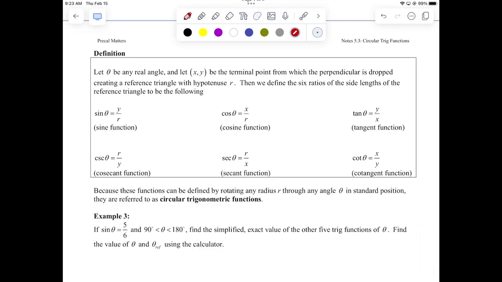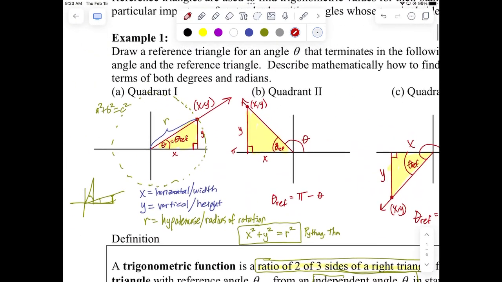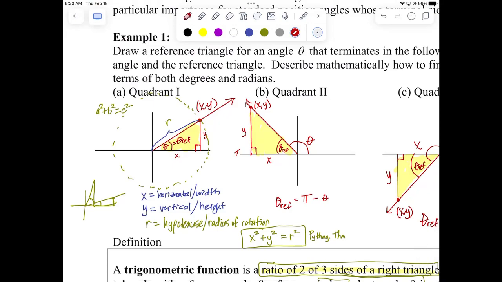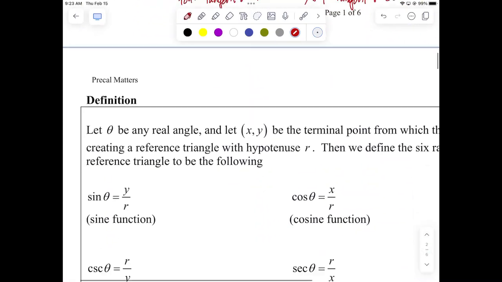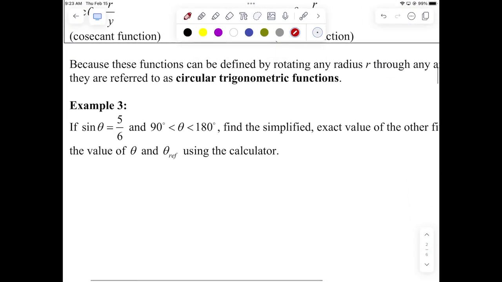All right, here they are in a box. These are derived from the rotation of an angle that if we were to go all the way around would again make what shape? A circle. That's why these are called circular trigonometric functions. There are other types of trig functions out there.